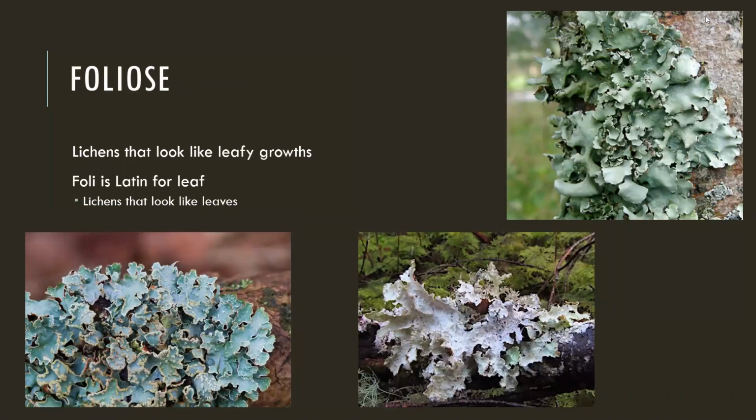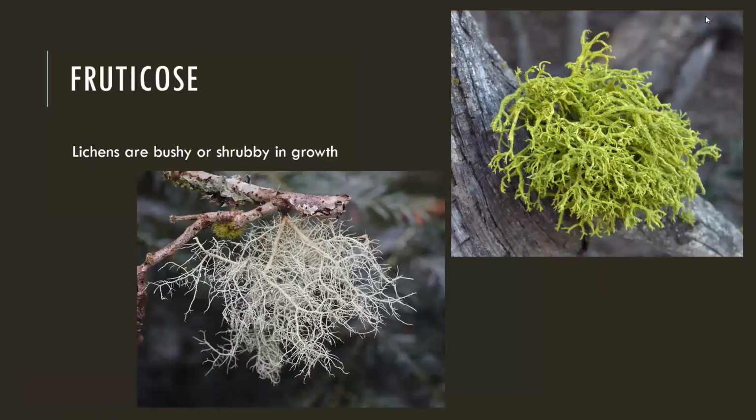Foliose, which folio, or foli, is Latin for leaf. So foliose are lichens that look like leaves. So they have that leafy growth appearance with the many lobes, and they can be curly as well because the lobes aren't attached to anything, these leafy lobes, so they tend to curl, and they have indents and such that leaves have.